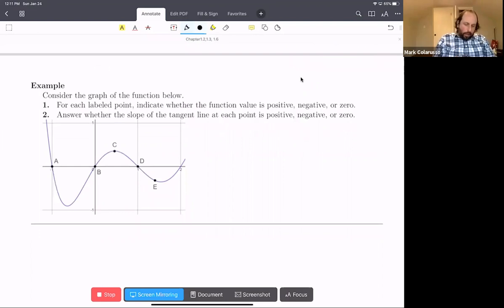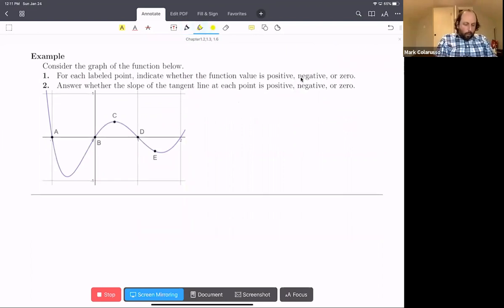So here we have this graph, some kind of complicated graph, right? And what it wants us to do in the first question, for each labeled point, so A, B, C, D, or E here, is indicate whether the function value is positive, negative, or 0.